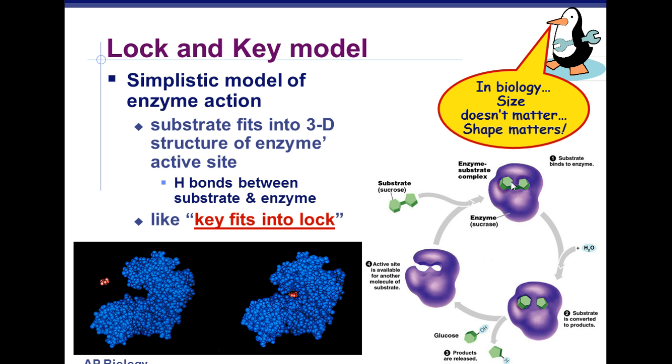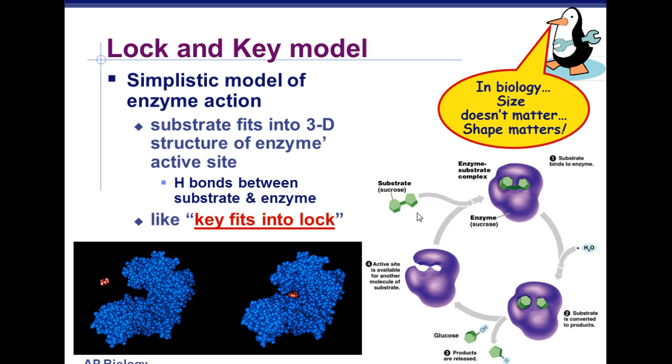All right, let's talk about step 1 first. Step 1 is where the substrate, in this case sucrose, and we've already talked about sucrose in a podcast. You already know that sucrose is made up of the monomers fructose and glucose. So here's fructose and glucose right down here. So sucrose is our substrate.